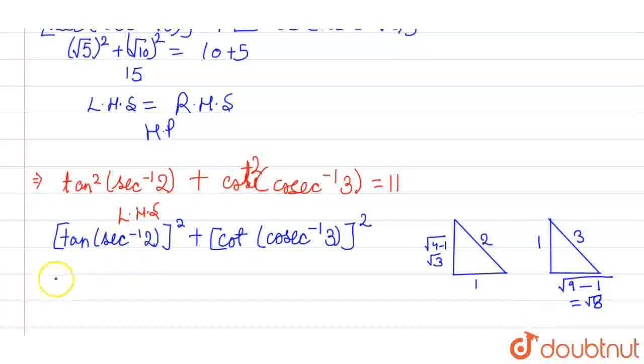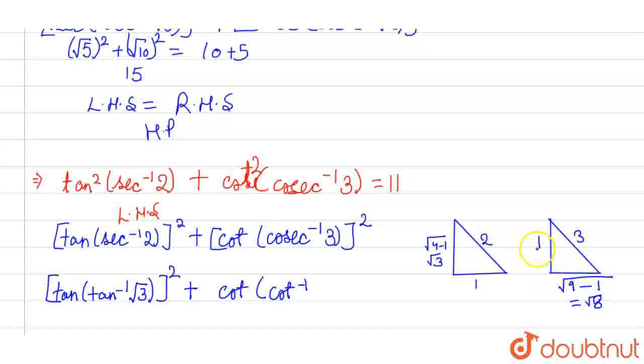Now, I can write this as tan sec inverse 2, tan is perpendicular upon base, that's root 3, square, plus cot cosec inverse 3, cot is base upon perpendicular, that will be root 8, square.